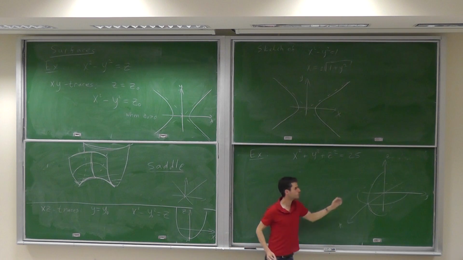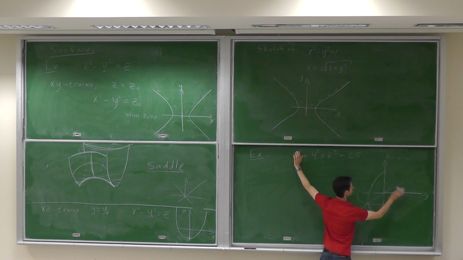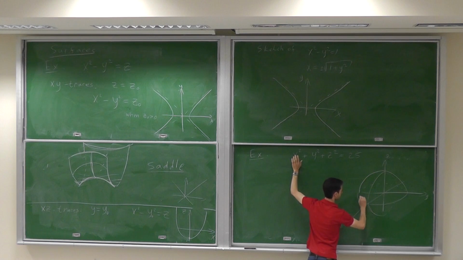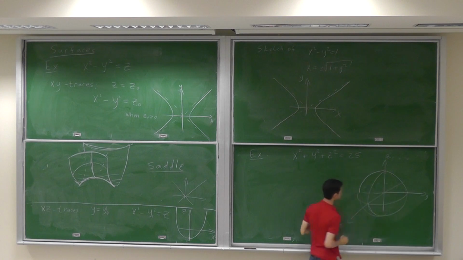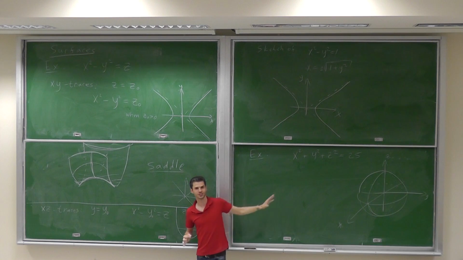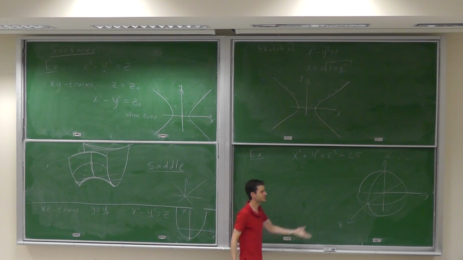Let's say x equal to 0, also quite easy. y squared plus z squared is 25. Once again, a circle, but now on this plane. So I think you start seeing what this might be, and yes, it is a sphere.